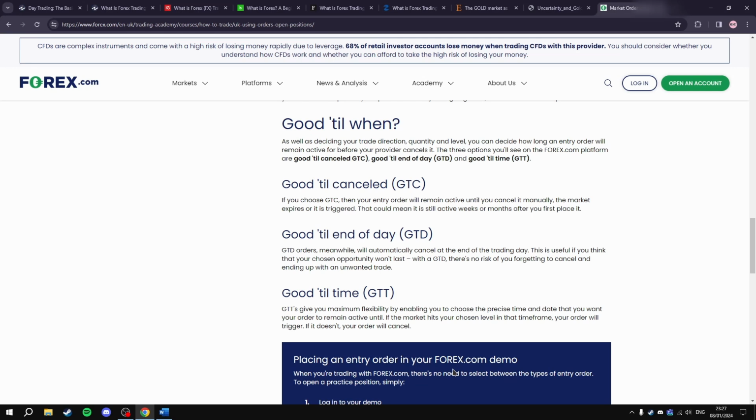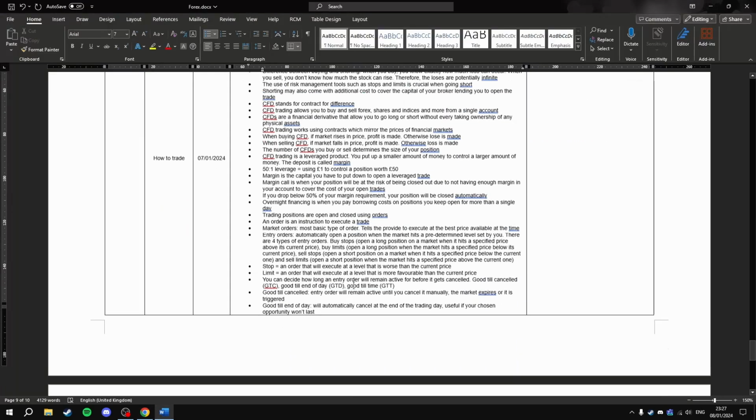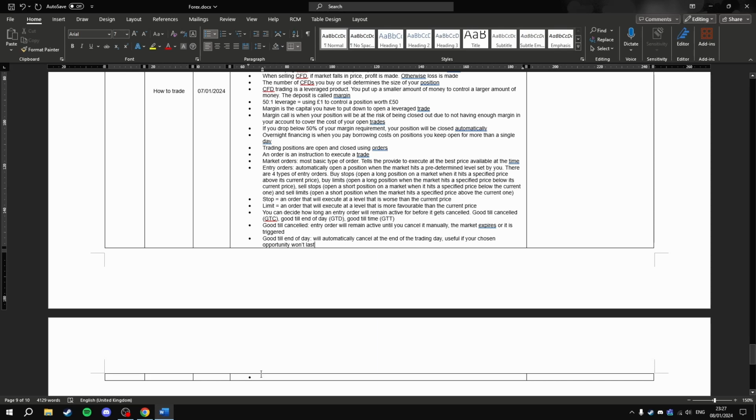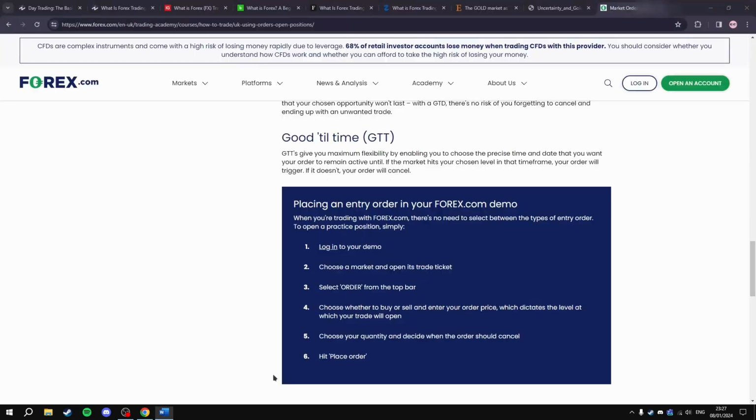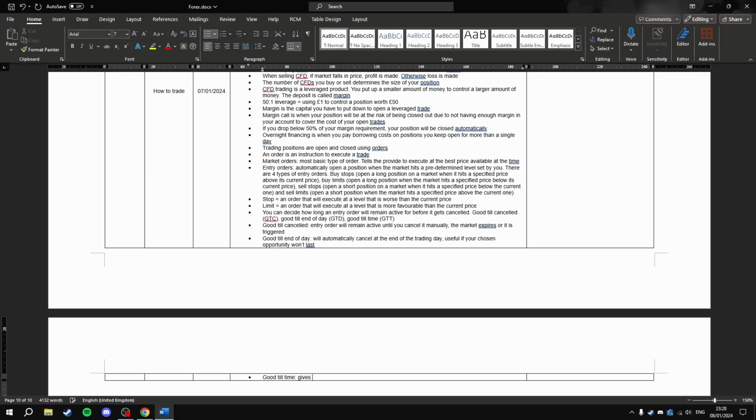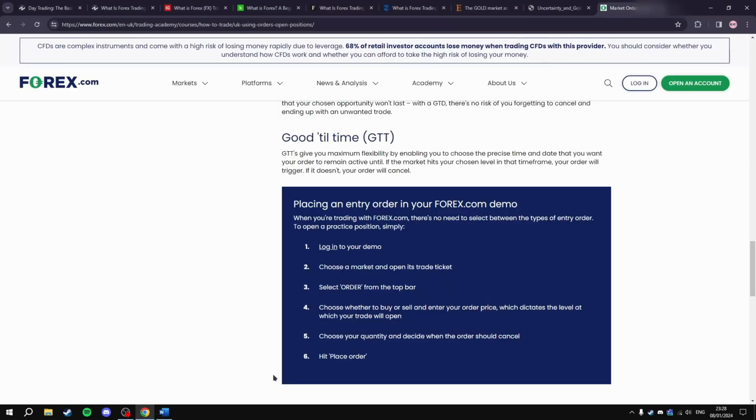Good till time. Good till time gives you maximum flexibility by enabling you to choose the precise time and date that you want your order to remain active until.